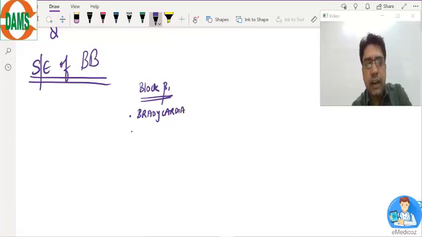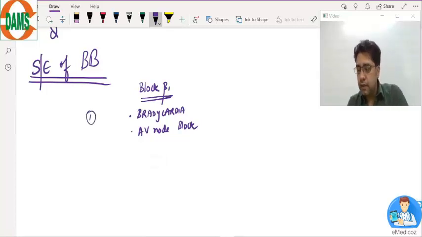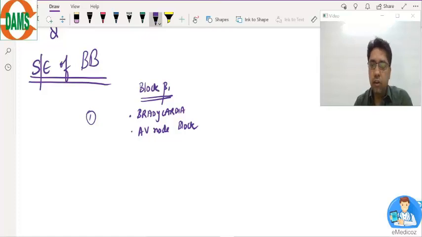And second thing you will write, they will lead to AV node block. So this is the first side effect of beta blocker, that if you will block beta 1 on heart, it will lead to bradycardia and AV node block.